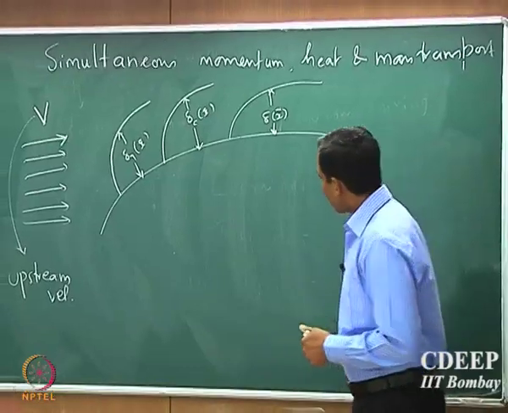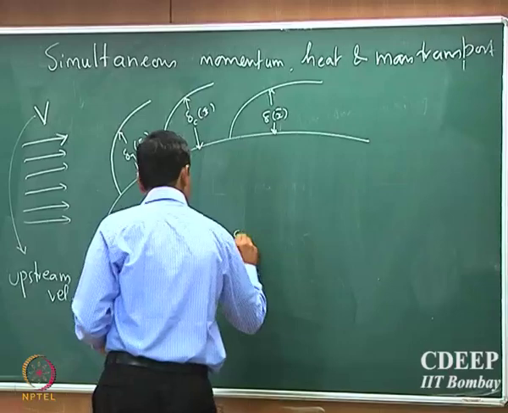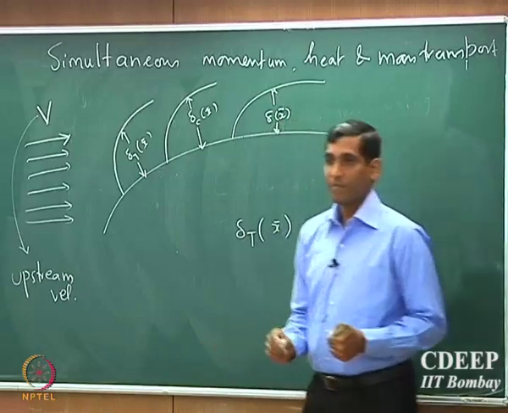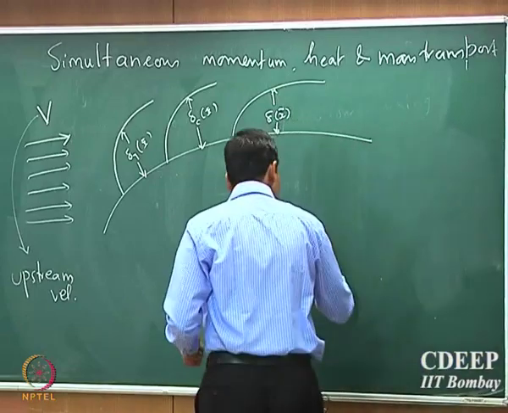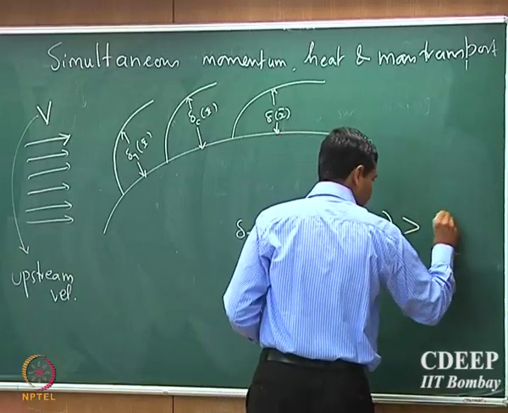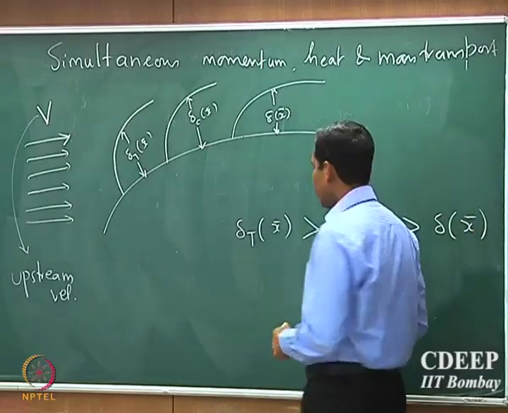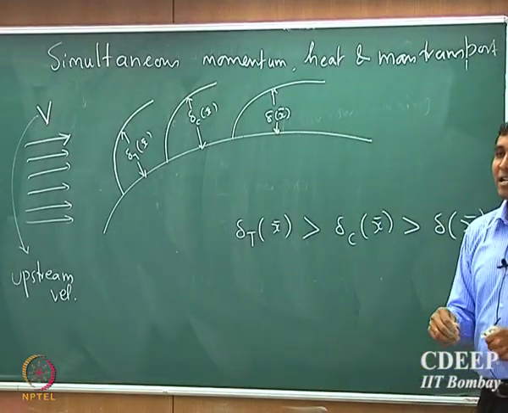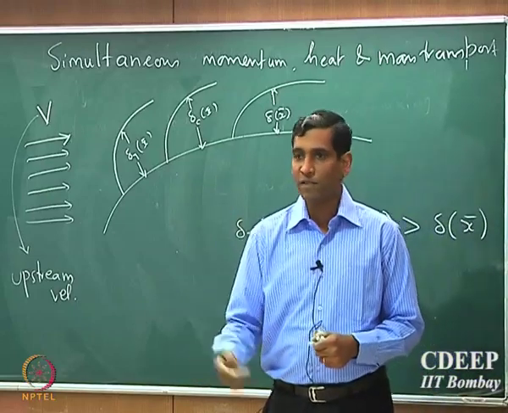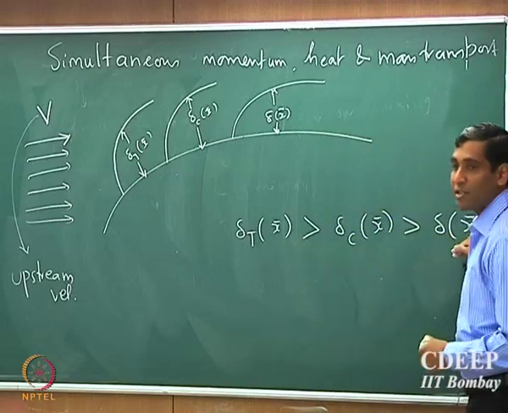So the thermal boundary layer thickness is actually larger than the concentration boundary layer thickness, and that is larger than the momentum boundary layer thickness. In fact, maybe in the next lecture or the one after that, we will actually show rigorously that this is true.